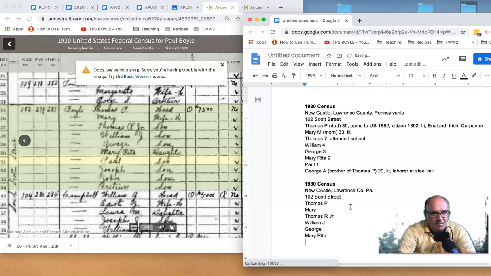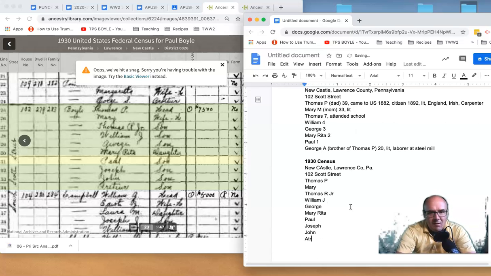Mary Rita. Paul. Now, they got 3 more kids. Joseph. That's a familiar name. John and Arthur. Okay, again, relations. The brother named George is gone now. It's just the folks in there, okay?